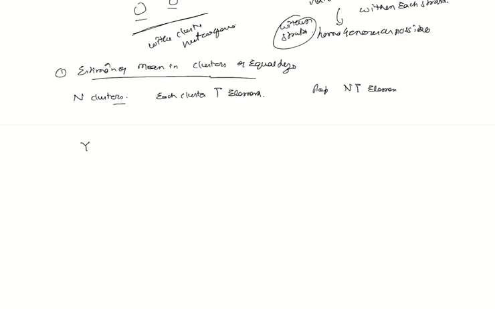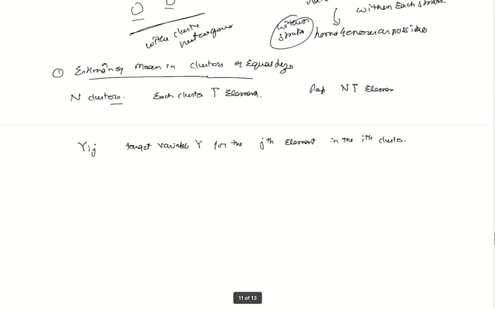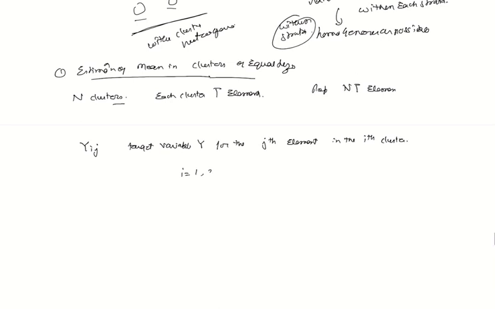Let Yij denote the value of a target variable y for the jth element in the ith cluster, where i goes from 1 all the way to N because there are N clusters, and j goes from 1 all the way to t because there are t elements in each cluster.